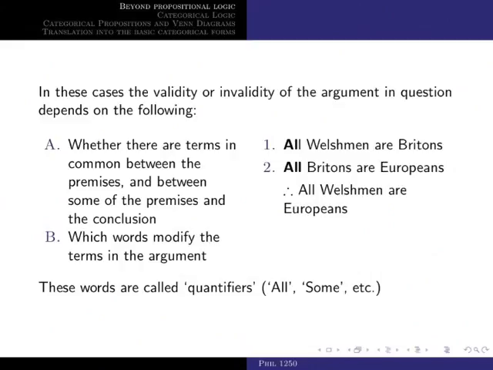So that you can see that quantifiers matter to the validity of the argument, substitute all the occurrences of all in the premises with some. So we would have: some Welshmen are Britons, some Britons are Europeans, and the conclusion would be all Welshmen are Europeans. Now this argument is invalid, so validity depends in part on the quantifiers.